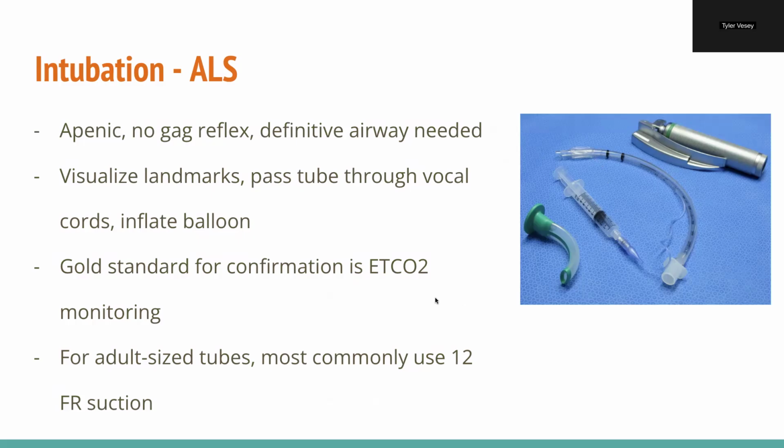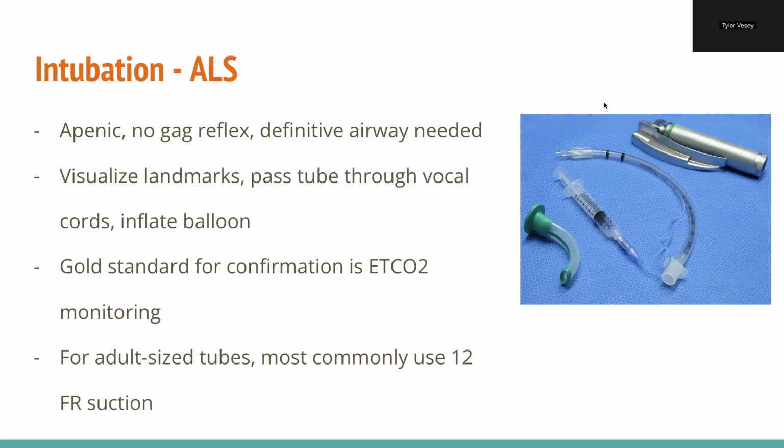Again, gold standard for confirmation of intubation is end-tidal CO2. Pairing that with our visible chest rise and fall, misting in the tube, and auscultation, and make sure we're not hearing anything in the stomach.